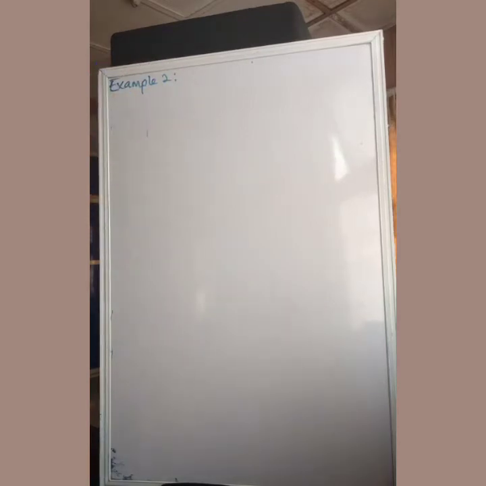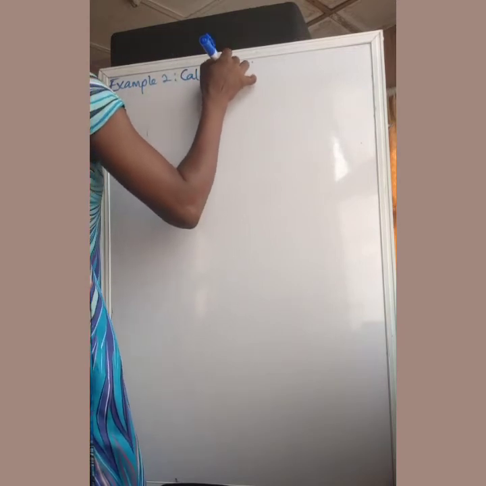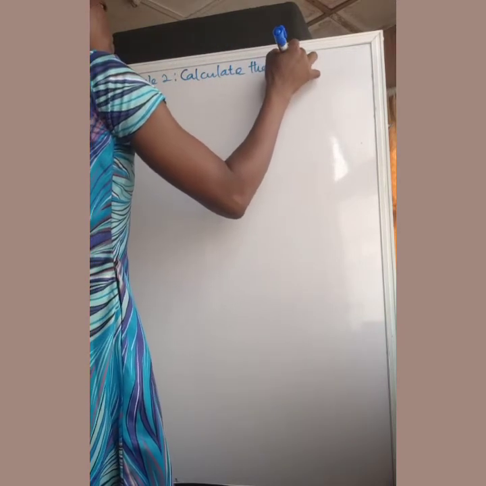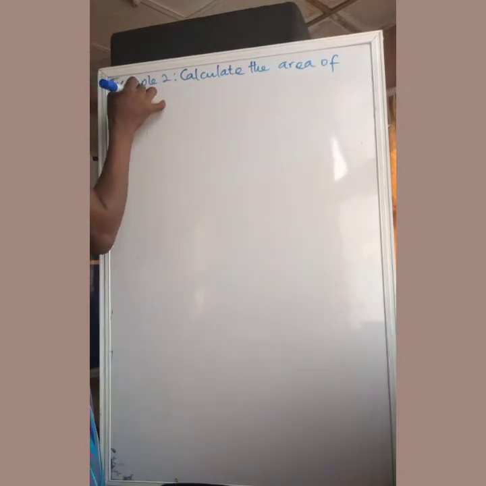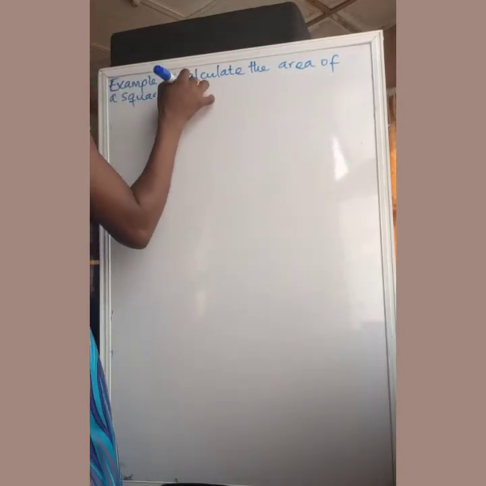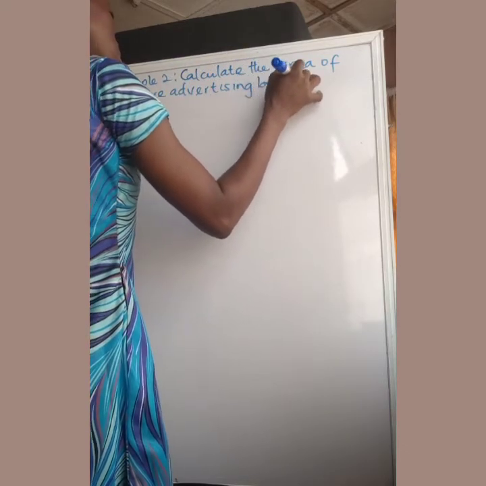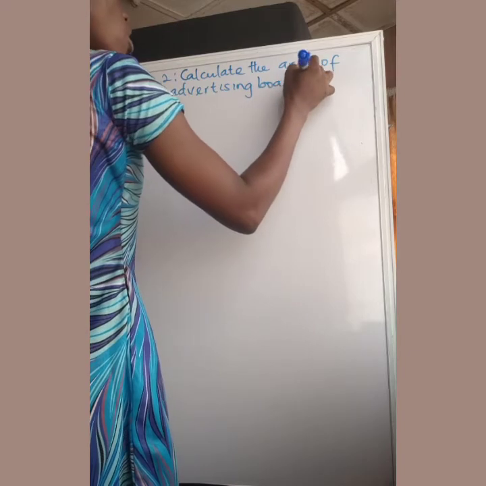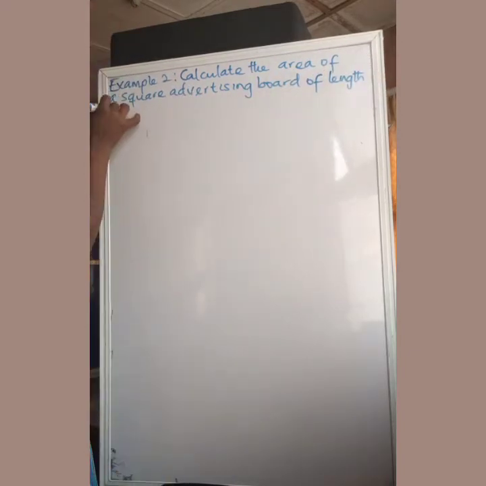The question says, calculate the area of a square advertising board of length 5 meters.